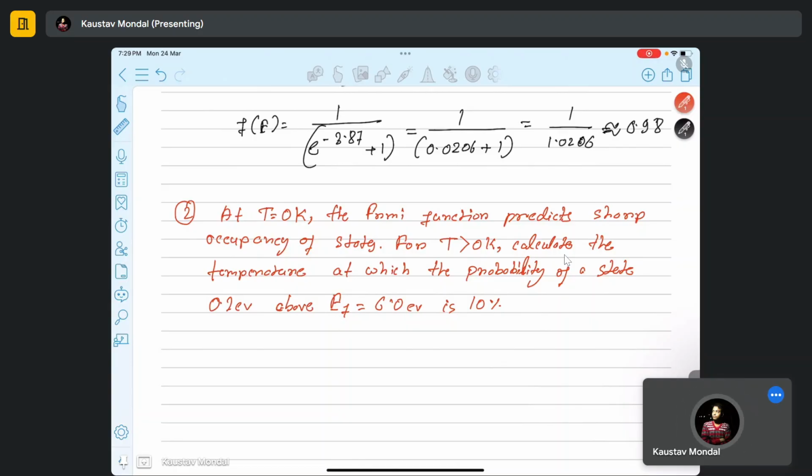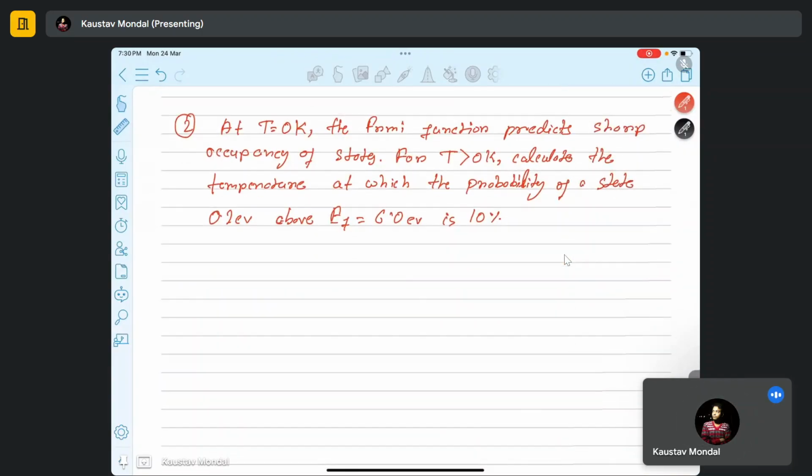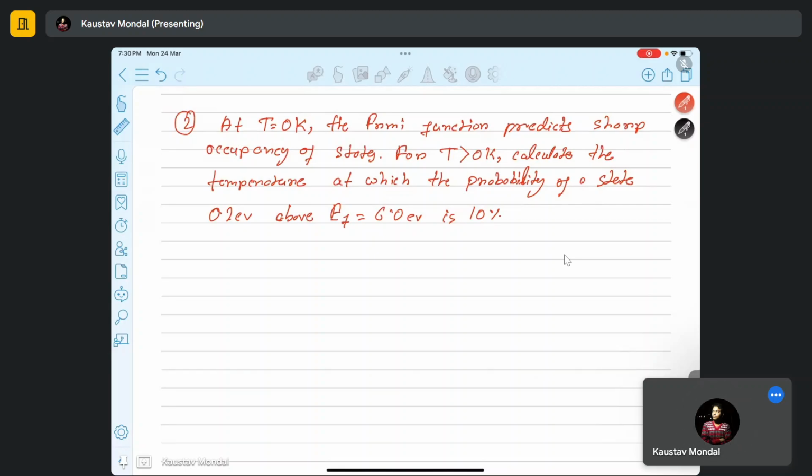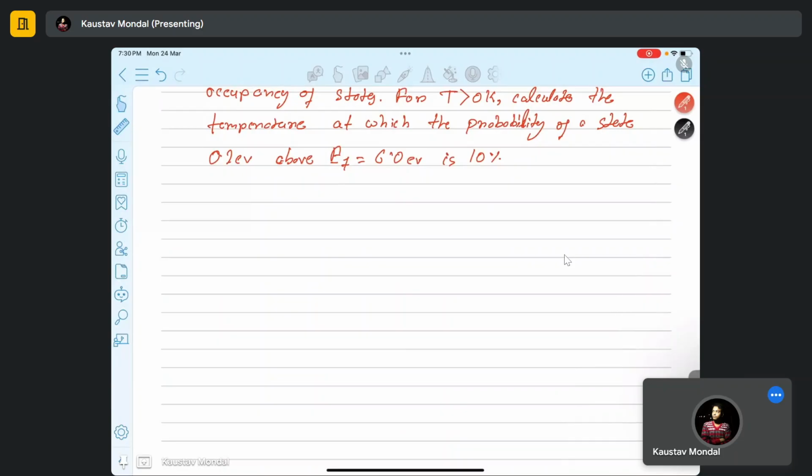Now the main problem is, for T not equal to 0 Kelvin, calculate the temperature at which the probability of a state 0.2 electron volt above the energy state EF is 10%. In the previous problem we calculated the probability. Now for this problem the probability is given as 10%, but we have to calculate the temperature, right? So first write the Fermi function here.